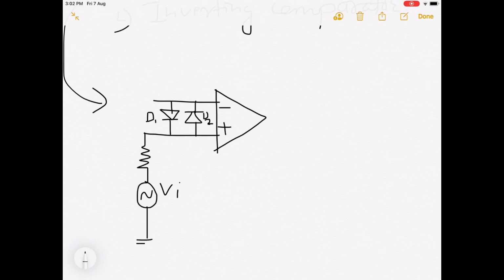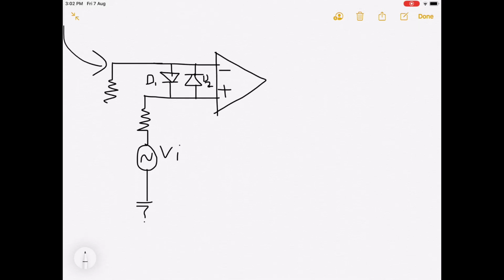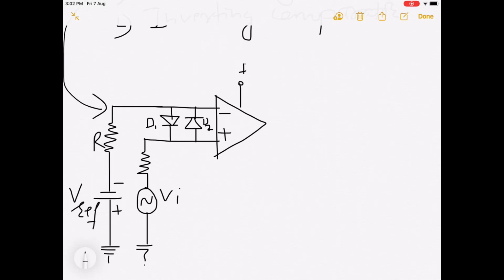This is grounded here, then here we are connecting another resistor, then here the supply voltage which is DC, V reference, for comparison with Vi, then this is R. As it is open loop, a comparator always works in open loop. So here there is no feedback, plus VCC we are applying, here minus VEE we are applying, and this is your output.